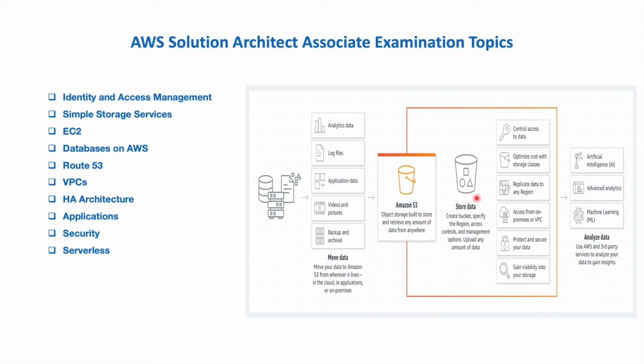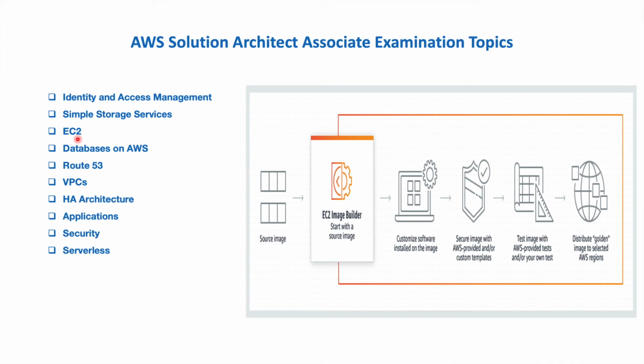All these services we can do over the S3 storage. And we can even write some analytics queries over the S3 data. Next one is EC2. EC2 is Elastic Compute Cloud. EC2 is a virtual computer in AWS. Whatever things we can do on our personal computer, we can do the same in EC2.